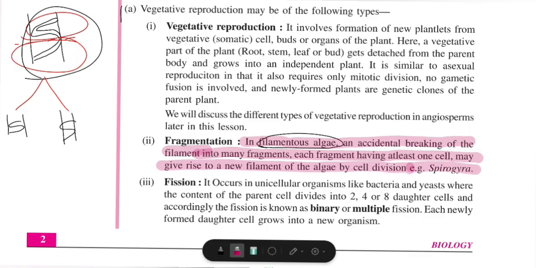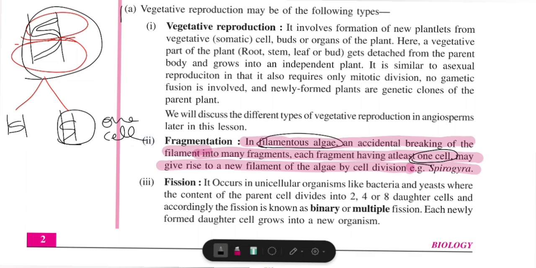Example, Spirogyra. It can break into many pieces, but because I cannot draw so many pieces, I'll just suppose it breaks into two parts. It is mandatory for each part to have at least one cell.